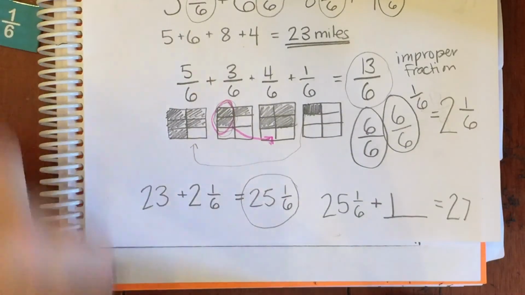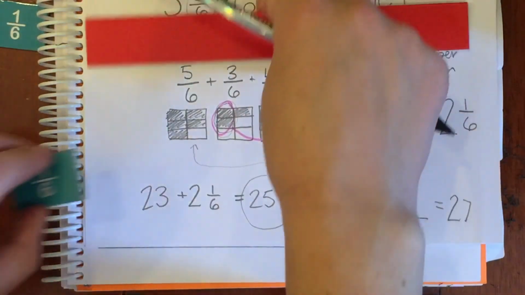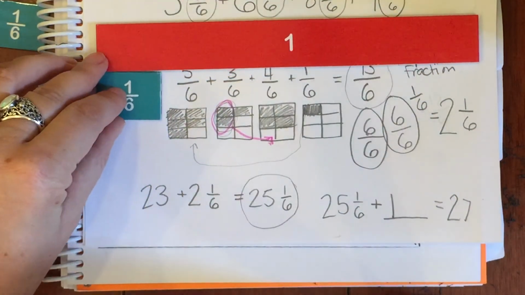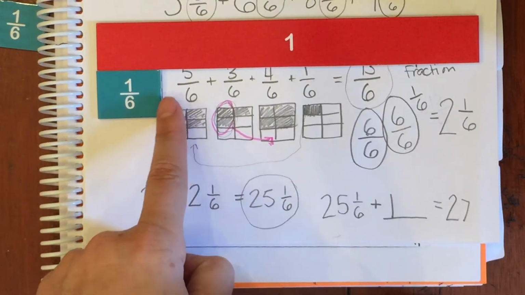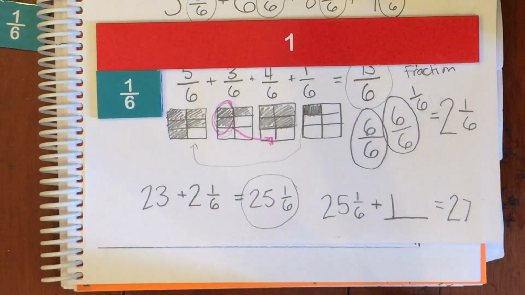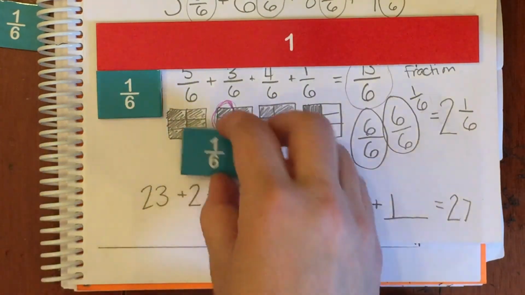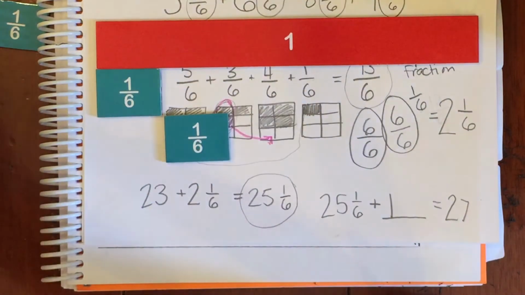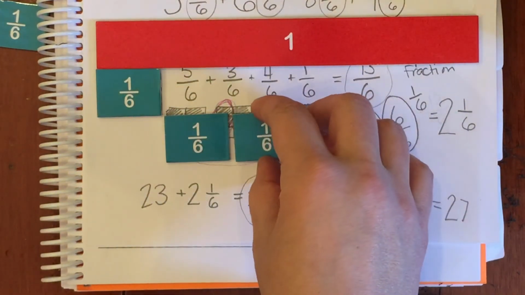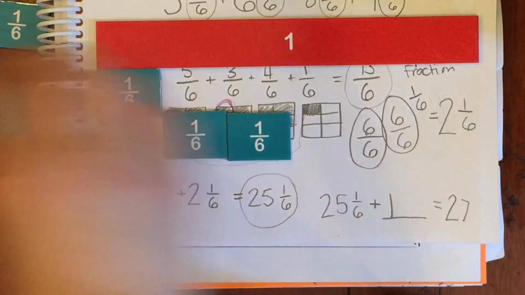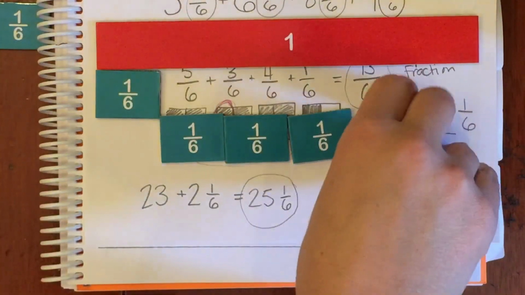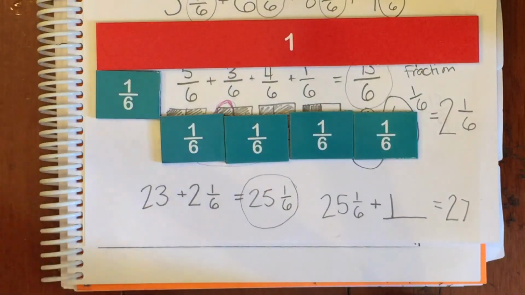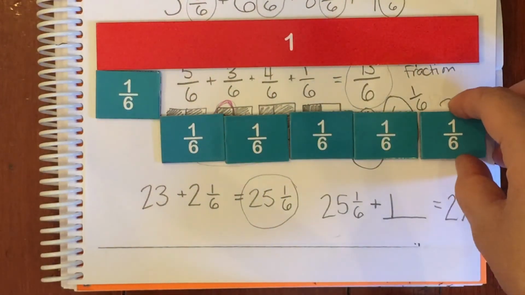If I have a whole and I have 1/6 already taken care of, how many more sixths do I need to get to 1 whole? I would need 1 more 1/6, another 1/6, another 1/6, and another 1/6.